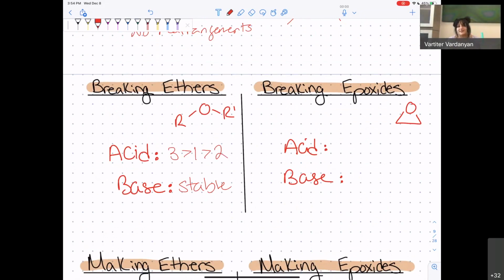For breaking epoxides, still a pain. But in a base, we're actually going to go 1, 2, 3. So the way I remember this, acid is in a really weird order. Bases are basic. They go the same way the number line does, 1, 2, 3. That's how I like to remember it.